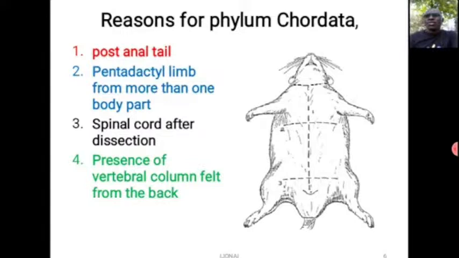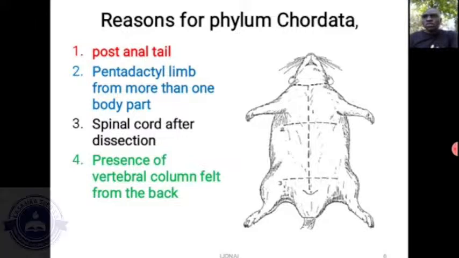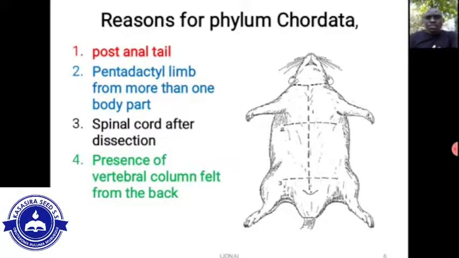Some organisms in Chordata may have a shorter tail, or may just have what we call the caudal bones, or the caudal vertebrae. Even man has the caudal vertebrae. There are few, that's why you cannot see your tail protruding out. It's because the number of the caudal vertebrae is relatively fewer.